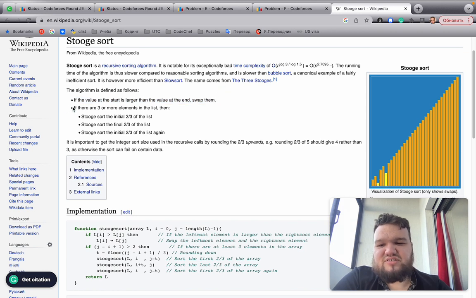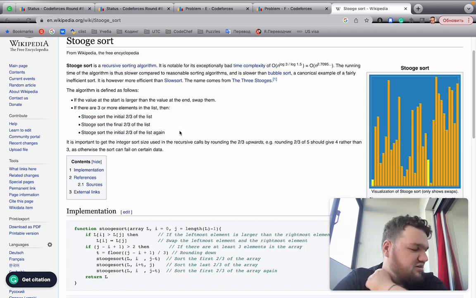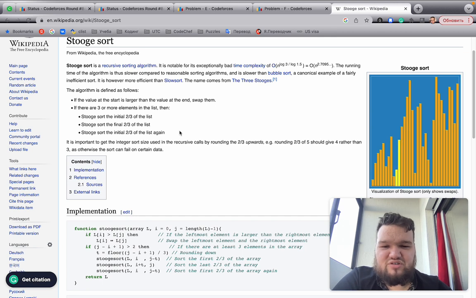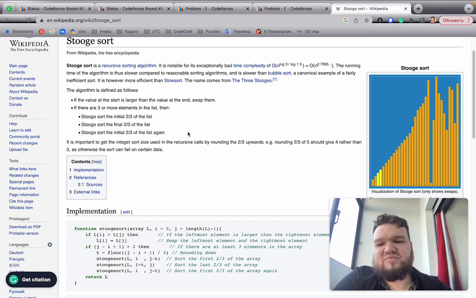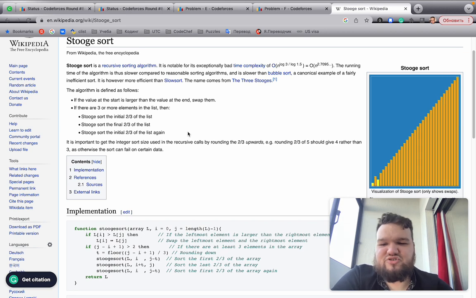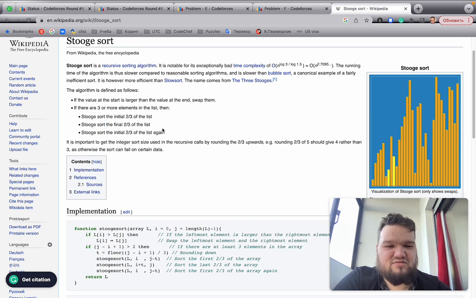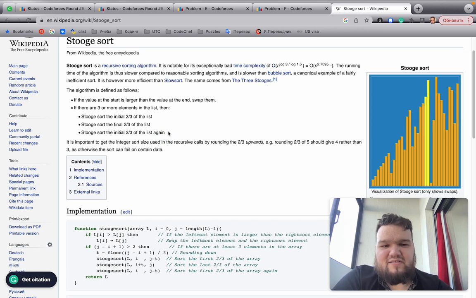Now we can assume that for all the smaller sizes it works, so the recursive calls just sort the segments that we set to sort. So it says sort the first 2/3, then sort the last 2/3, and again sort the first 2/3. Why does it work?